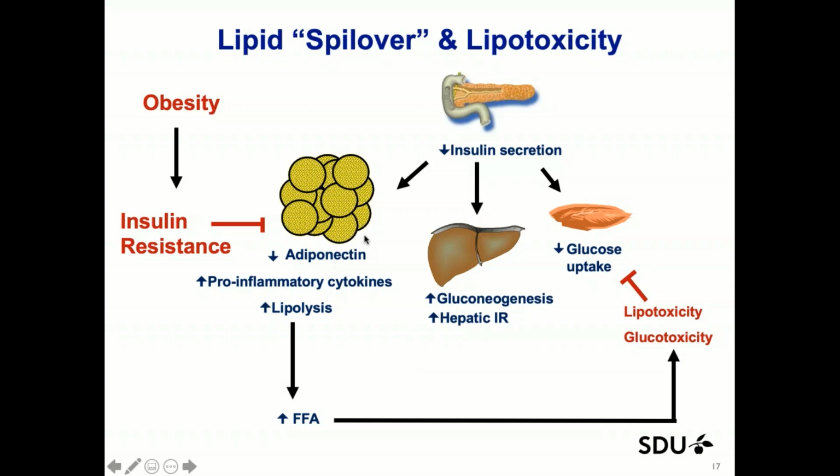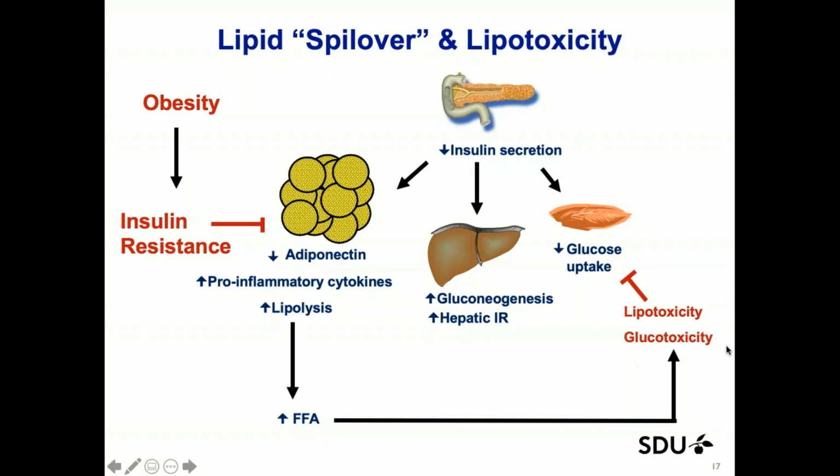Adiponectin is an insulin-sensitizing molecule actually. And during insulin resistance, you also see enhanced pro-inflammatory cytokines, and importantly, you see enhanced lipolysis. Because of enhanced lipolysis, you will of course have increased free fatty acid levels in the blood.